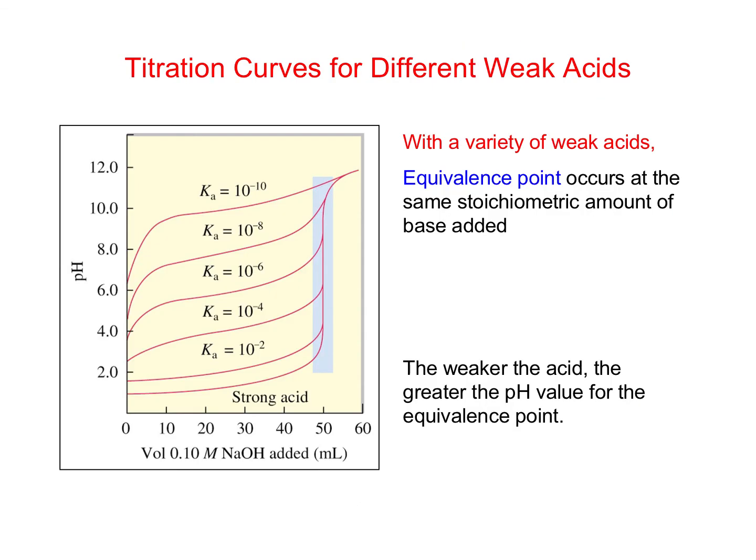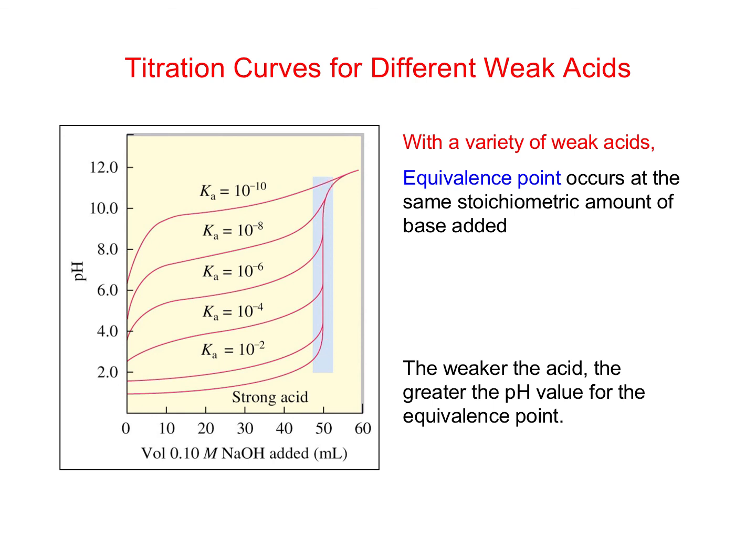So this slide is really just reinforcing a lot of the things we talked about on the last slide. What we're seeing in this figure is the titration curves for a number of different weak acids with the same concentration of sodium hydroxide. And notice since all of the acids we're saying have the same concentration, the equivalence point happens at the same volume.